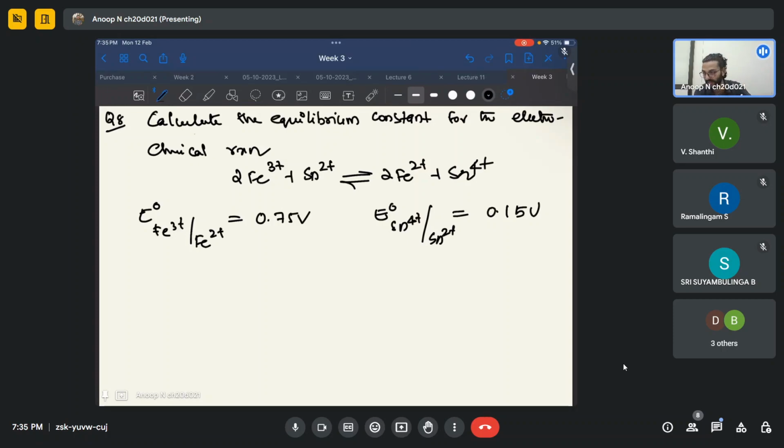What's the equation we have to use here? E0 is equal to 2.303RT by nF log K, capital K. So from this we can calculate. What will be the E0 value?